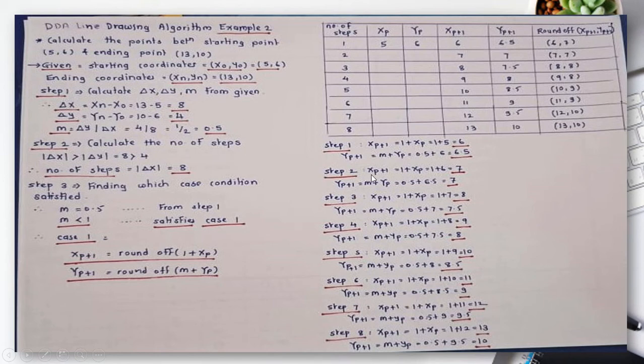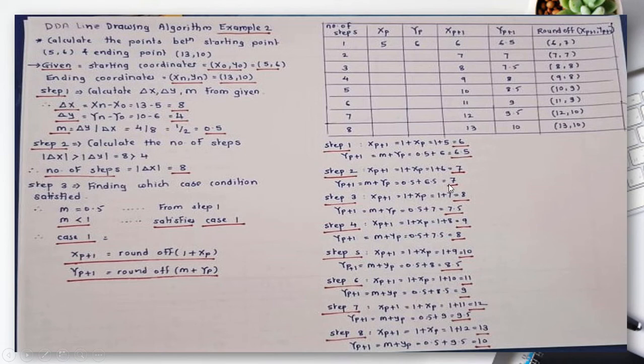Now step 2. In this step, the previous step values will act as the starting point or initial values of that line. To get the value, xp plus 1 is equal to 1 plus xp is equal to 1 plus 6. This 6 we are using here, so it is equal to 7. yp plus 1 is equal to m plus yp. m is 0.5 and right now yp is 6.5. We are going to take this value from this location.